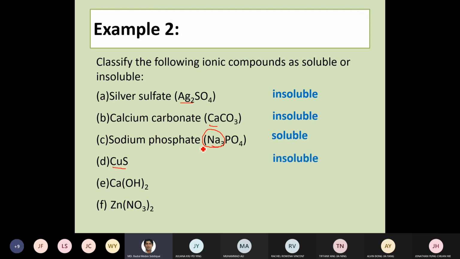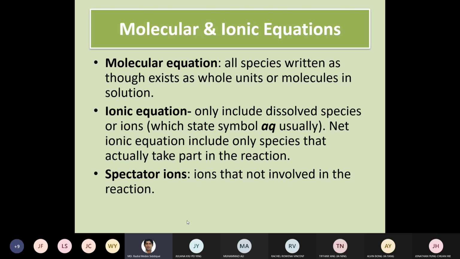Copper sulfide: sulfides are insoluble, as indicated in the table. Calcium hydroxide is insoluble because of the hydroxyl ions attached to calcium. But potassium hydroxide is soluble. Zinc nitrate should be soluble because there is no barrier, and zinc and nitrate both are soluble.